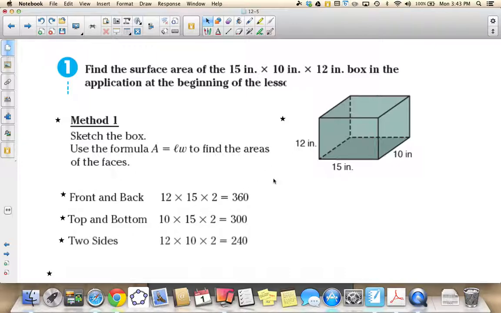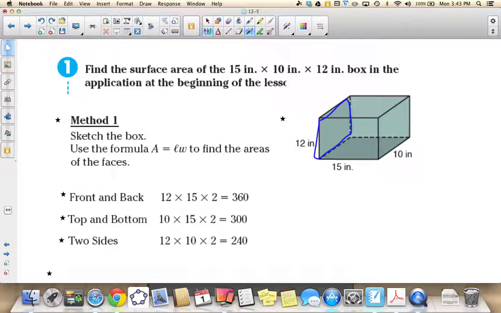And the two sides measure 12 by 10. So 12 by 10 will be these two rectangles, that rectangle and this rectangle on the other side. Those are the two sides.